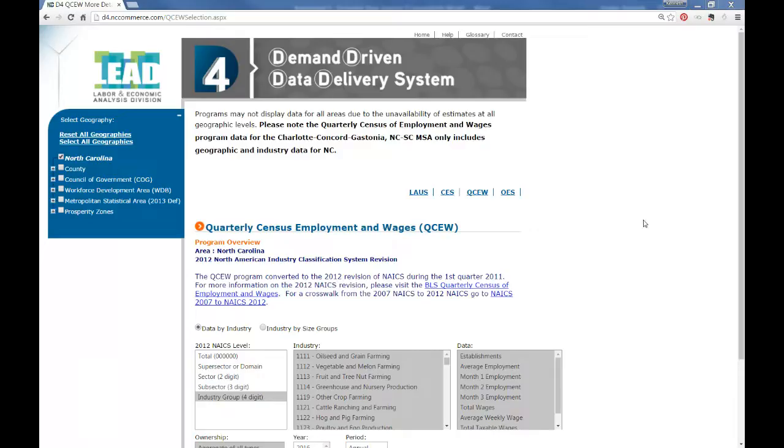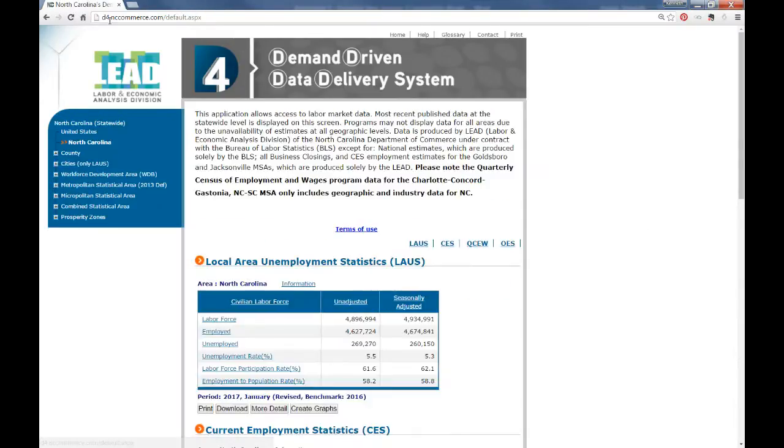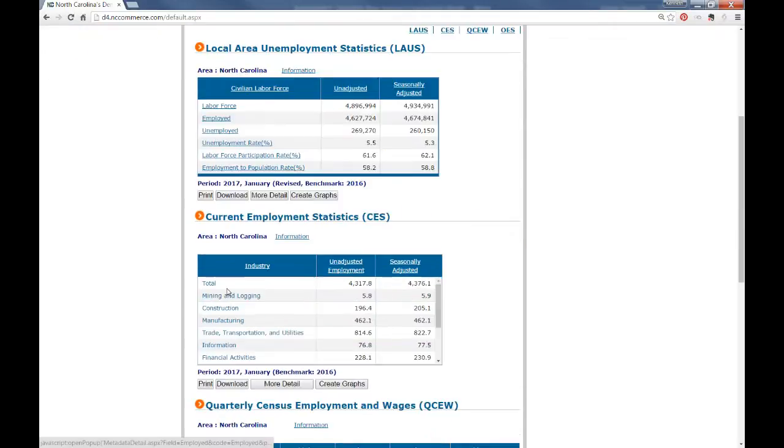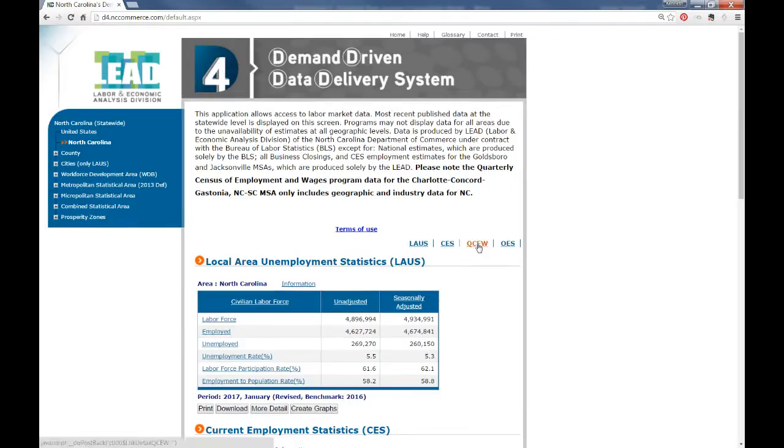And if you go to their homepage, which is up here, d4.ncommerce.com, it will take you to this page, and the first thing you will see is this kind of head page where they've got several different states. If you click on QCEW, that'll take you to the quarterly census.